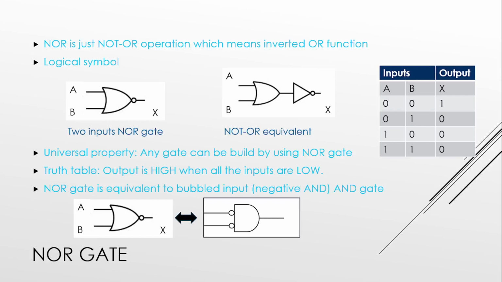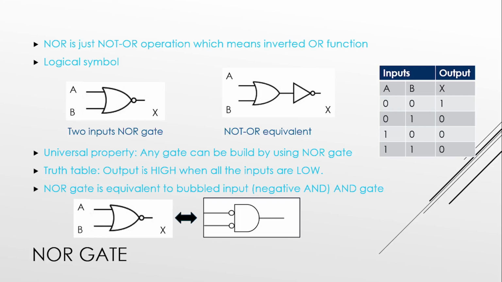For inputs 0 1, 1 0 and 1 1, the output is 1 for all these three conditions for OR gate, where it is 0 in case of NOR gate. So in this way the truth table is: inputs 0 0, output 1; inputs 0 1, 1 0 and 1 1, output is 0.